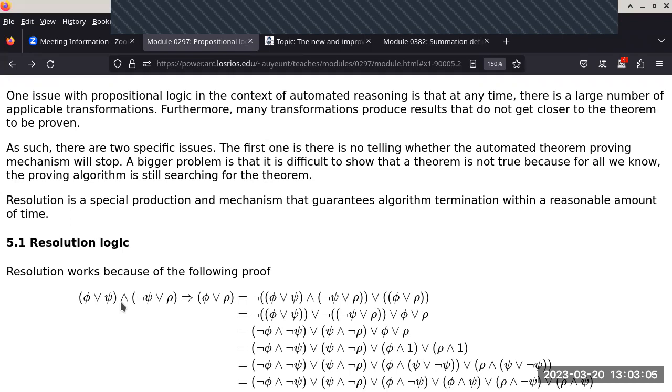Infinite solution? No. Okay, so let's think about the very deformed disjunctive expression. If you think about this phi here, the question is, what can phi be? Phi can be a long disjunction of stuff, but what is the simplest phi you can possibly make in order to make a disjunction of things?